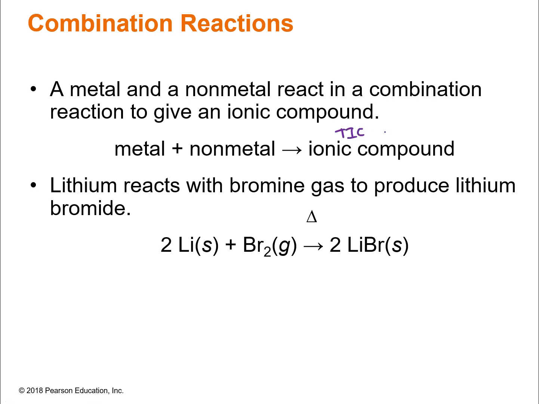So those ternary ionic compounds, binary ionic compounds. So an example would be taking lithium solid metal. You heat that in the presence of bromine gas, and you produce lithium bromide. Multiple reactants, one product.